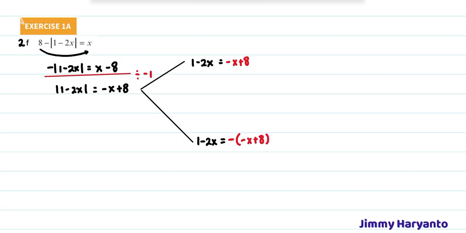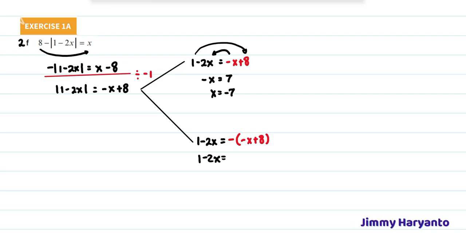And then you can solve this directly. So you have negative x equals to 7, and then x will be negative 7. For this one, 1 minus 2x equals to, you input the negative first, you will have x minus 8, and then you move the x, you will have negative 3x, you move the 1, you will have negative 9, so x equals to 3.